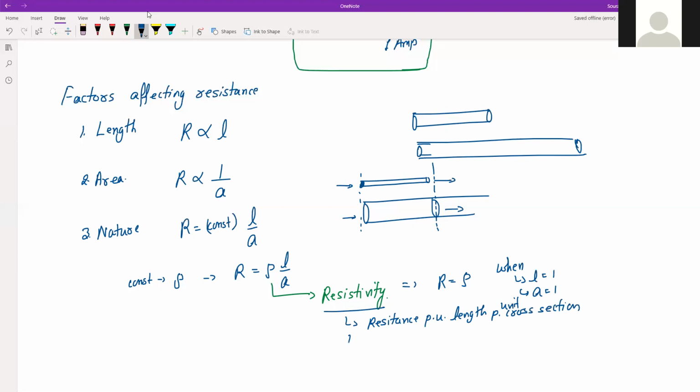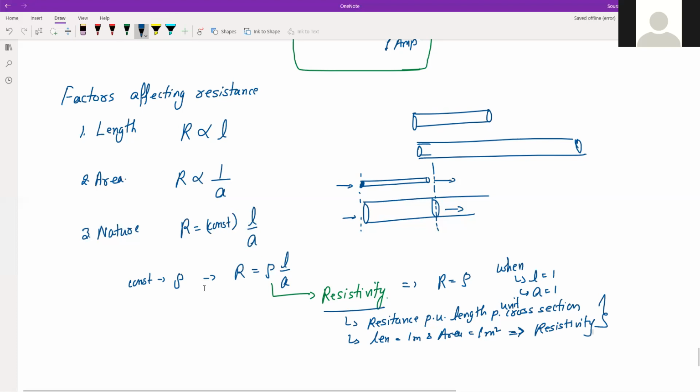Or you take a sample whose length is 1 meter and whose area of cross section is 1 meter square, and the resistance offered by that is called resistivity.